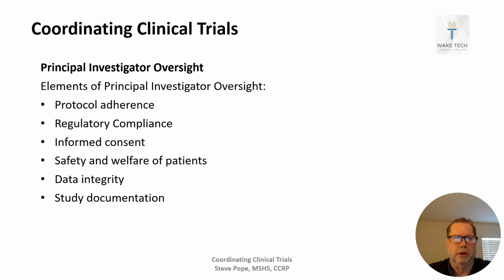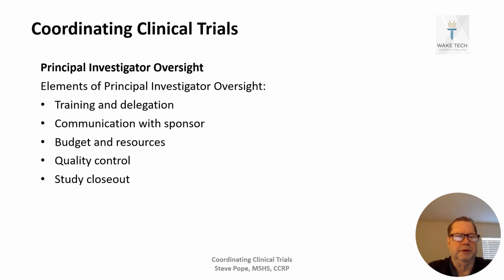We want to make sure that all the data we collect is accurate and we're collecting it according to ICH guidelines, so that it can be attributable, and we can then use that data in our regulatory environment, our regulatory submission. Then finally, study documentation is your investigator site file, which you've been working on in previous lessons. Is that up to date? Is that according to the standard? So all of these things are some of the elements of principal investigator oversight.